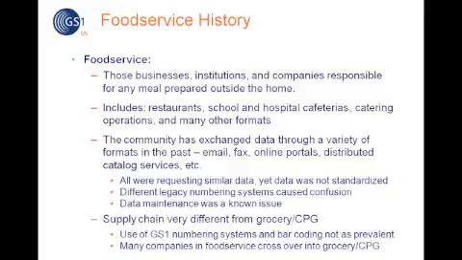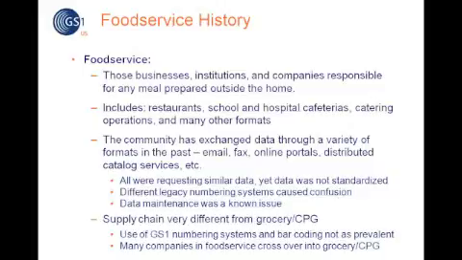The food service initiative, like I said, started in 2009. It includes everything: restaurants, schools, hospitals, cafeterias. It's very, very broad, touches on lots and lots of areas, including, in some cases, retail. The community has exchanged data, as Pete mentioned, in a variety of ways in the past, but the information really hasn't been standardized.